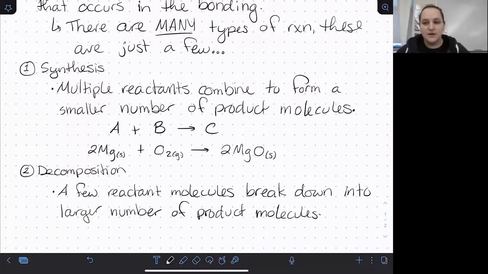When you think of the word decomposition, you probably think more of the biological process of something decomposing after it dies, and that is a bunch of decomposition reactions. This is called decomposition for a reason.